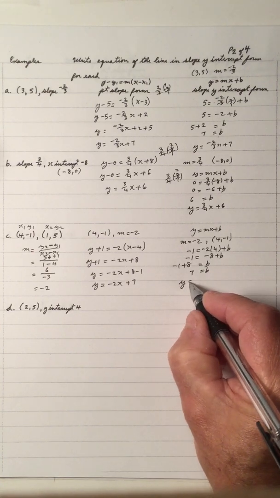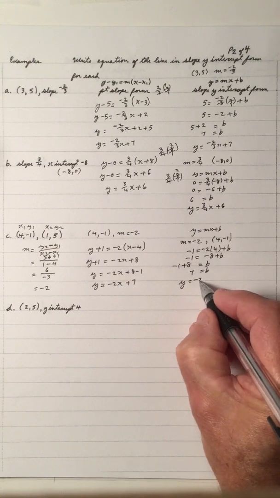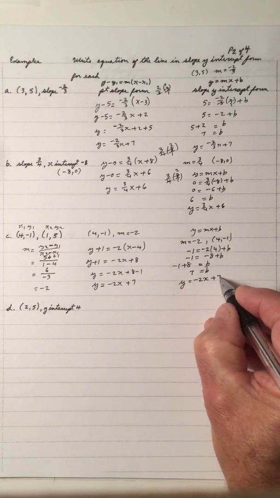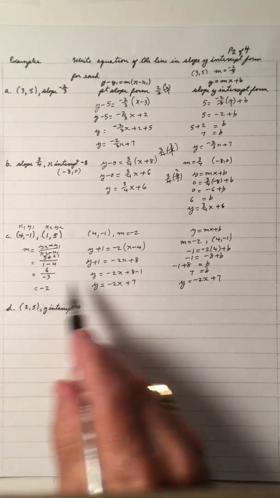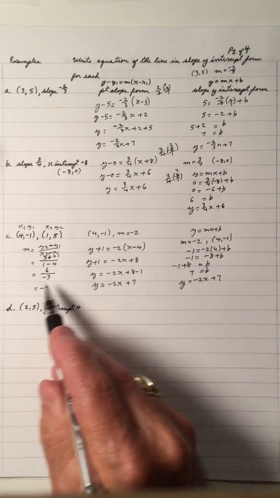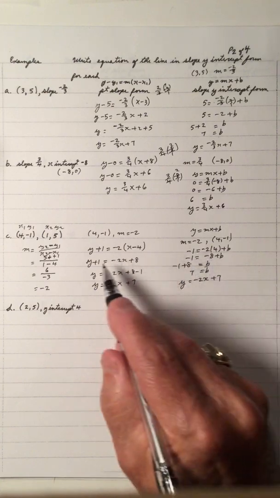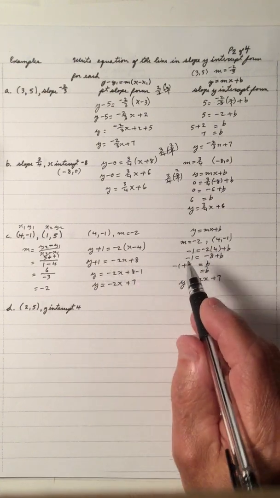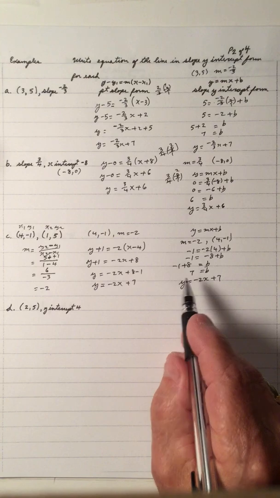So y equals slope -2, y-intercept 7. Again, no matter which way I go, I have to get the slope first. And which way do you want to go? It's your choice if you want the slope y-intercept form, so 2 options.